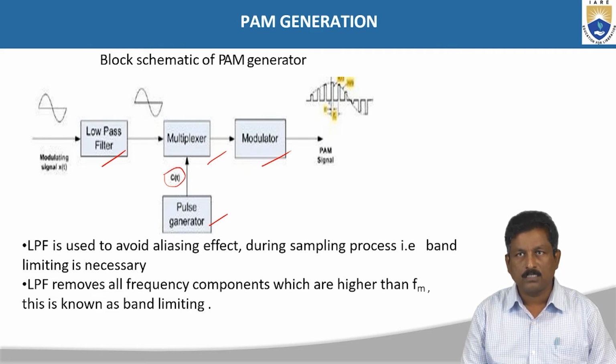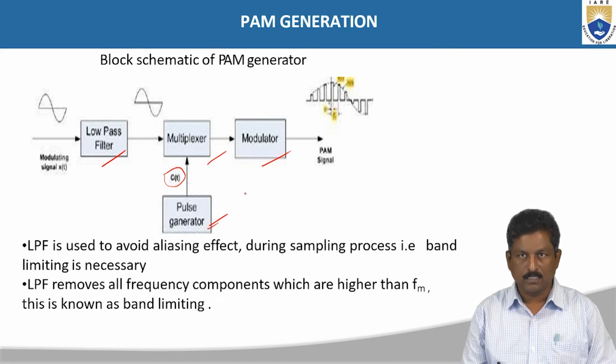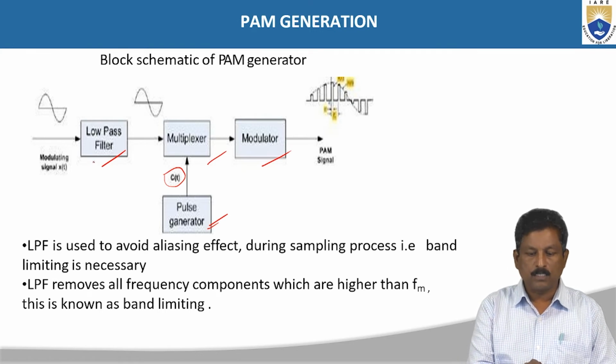Because in pulse modulation techniques we use the carrier signal in terms of pulses only, we have to arrange the pulse generator here, which generates the carrier signal in terms of rectangular pulses.